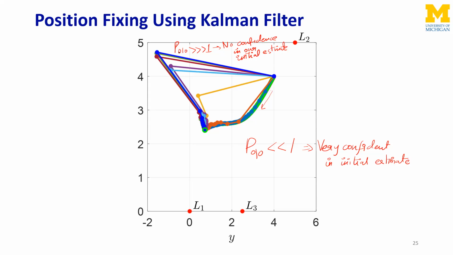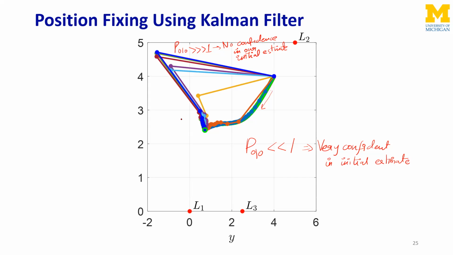So high P naught is going to go through high transients but quick convergence, and low P naught is going to go through low transients but very slow convergence. So it really depends on the application, what behavior of the estimate you want.